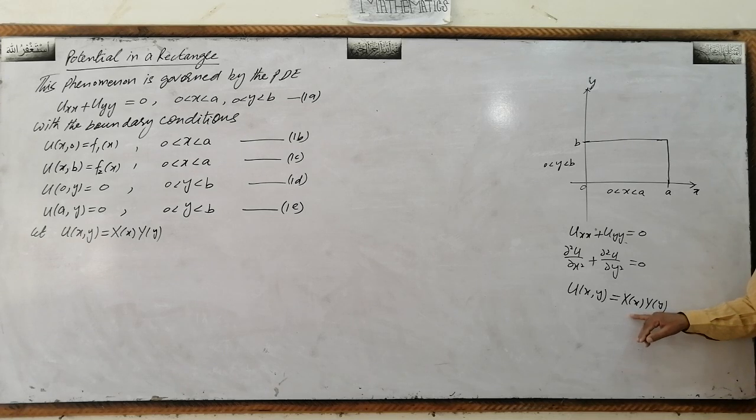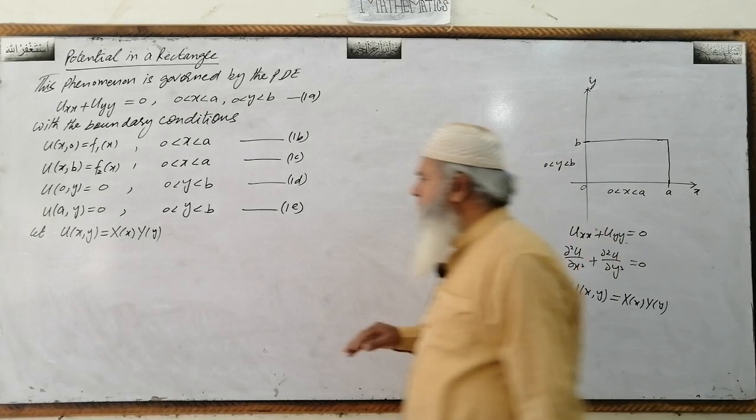Obviously, X(x) is purely a function of x, Y(y) is purely a function of y. When we take its product, this will become a function of x and y. I intentionally suppose that u(x,y) is of this form, the product of two single-variable functions, X and Y. Why are we taking this form?